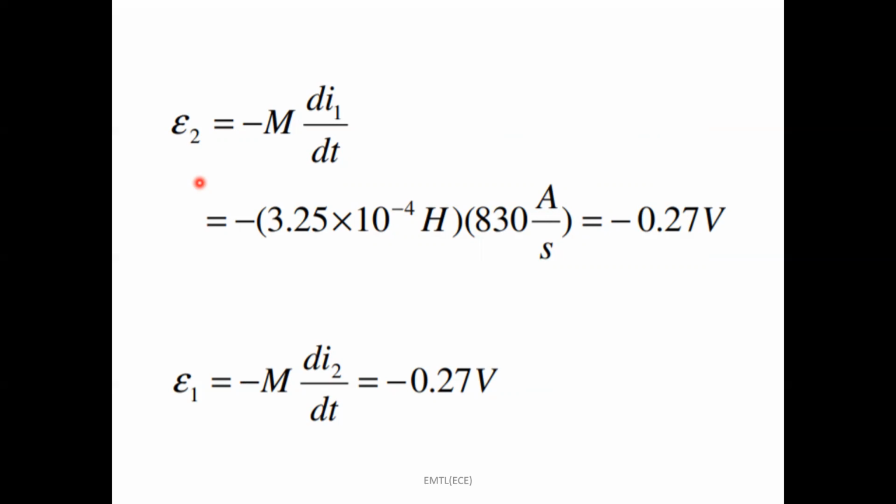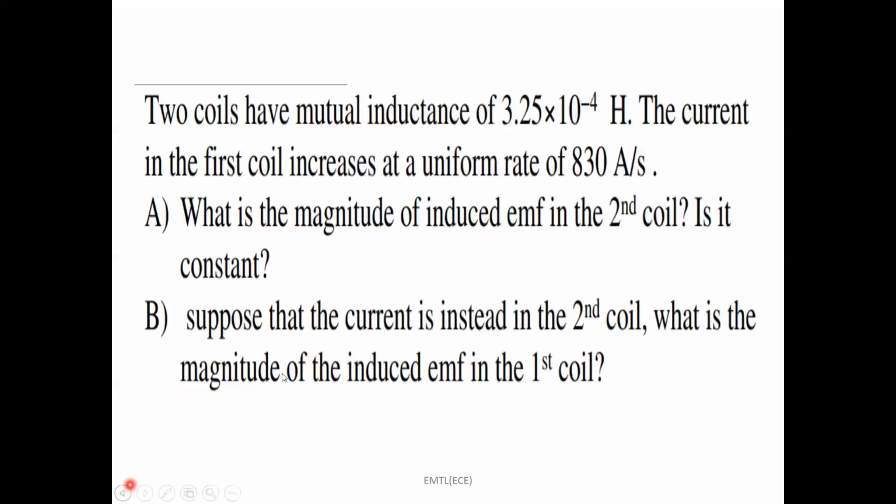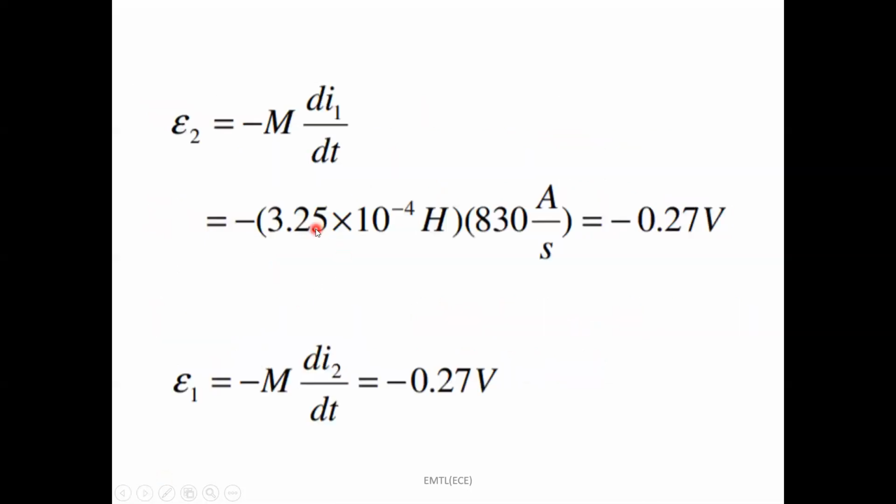The mutual inductance is 3.25 × 10^-4 henry, and the rate of change of current is 830. So multiplying minus M dI1 by dt, 3.25 × 10^-4 henry into 830, this value is equal to minus 0.27 volt.